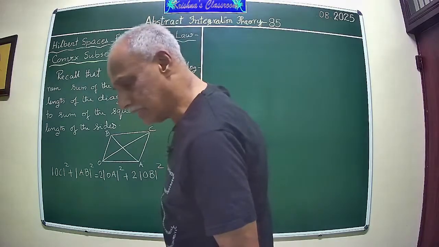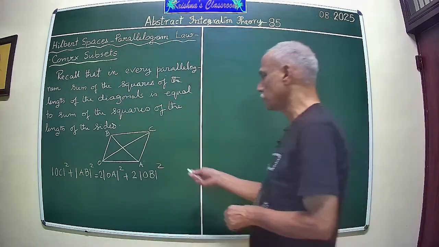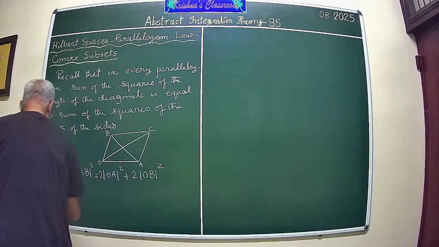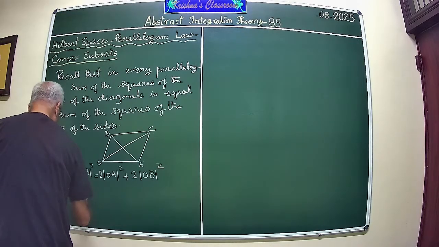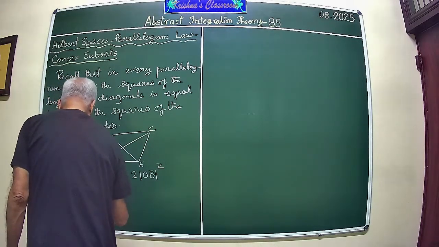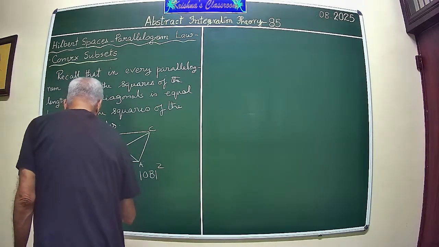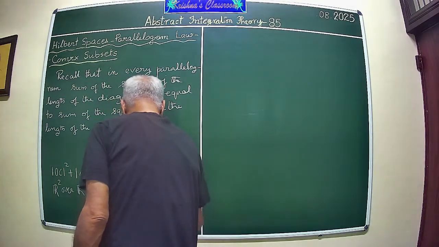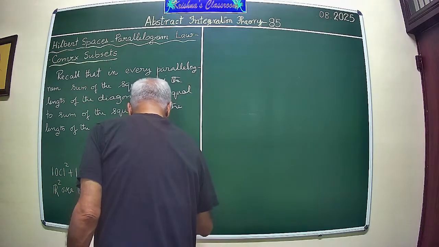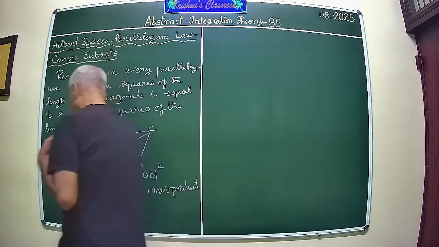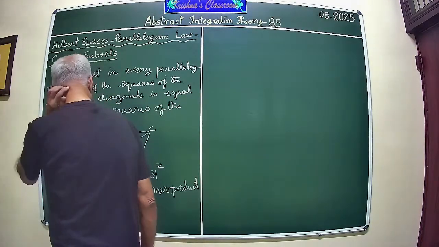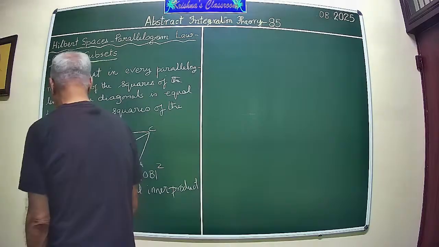Now consider the space R2 over R with the usual inner product, or what you call dot product. Usual dot product.